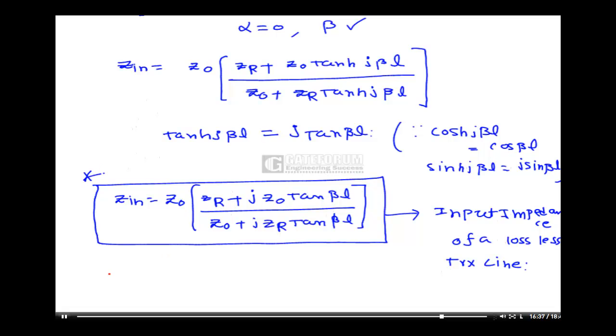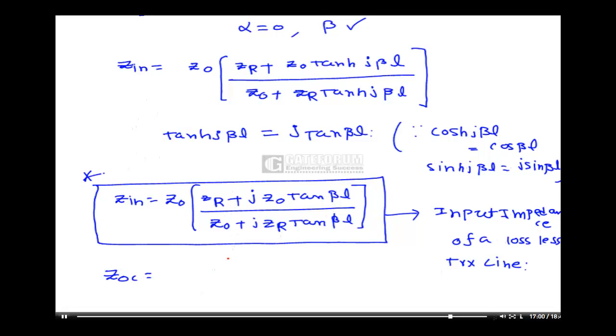Now for a lossless transmission line, what is ZOC? ZOC means open circuit impedance. Open circuit impedance means ZR is equal to infinity. So put ZR equal to infinity in numerator and denominator, and use the same procedure we did for the previous one.